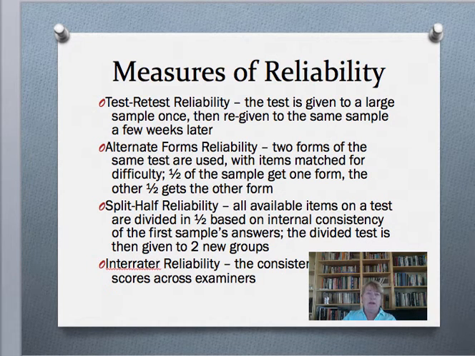Now, just one last thing about alternate forms reliability. It is useful because when we have a Form A and a Form B of the same test, we can use that test more often. As a general rule of thumb, major standardized tests of things like achievement or cognition can only be used once a year because we don't want students to get used to the items on the test.